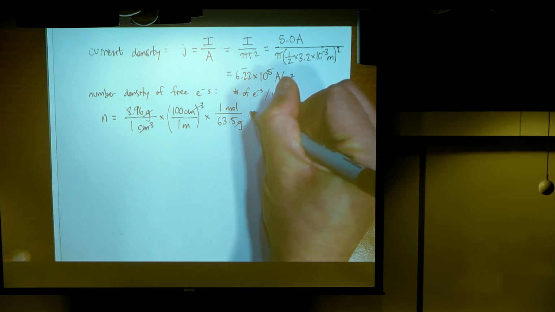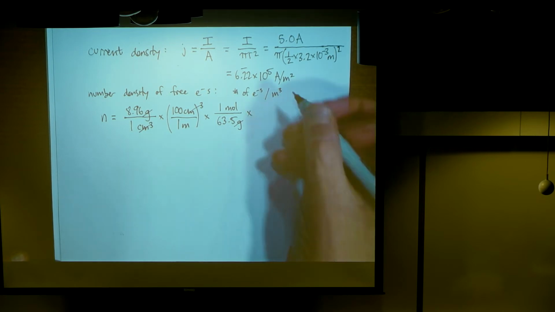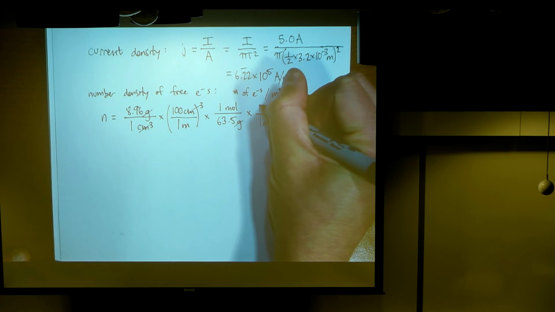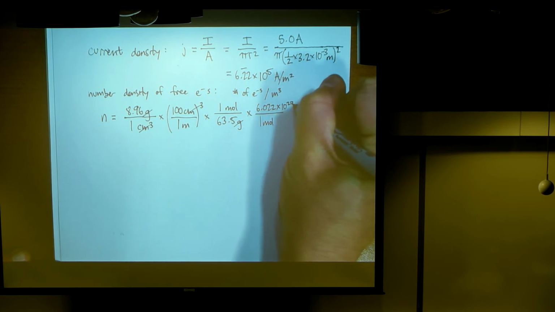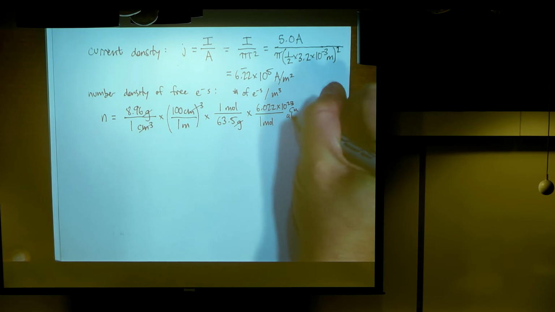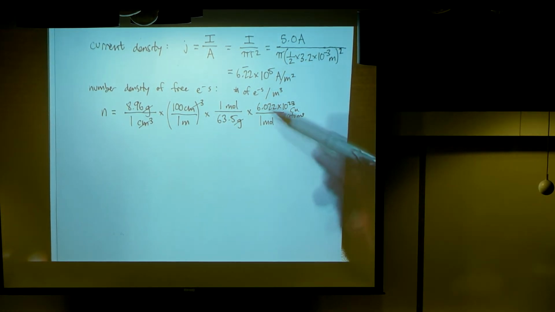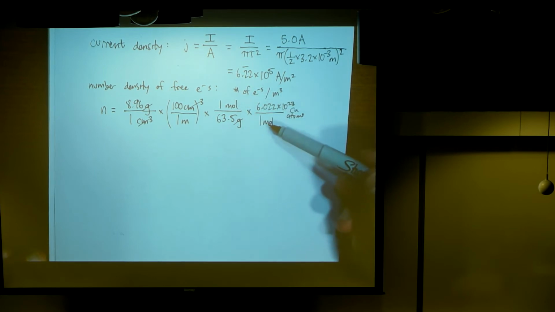All right, so we want to do a little bit more. The next step I'm going to take is 1 mole is the same as 6.022 times 10 to the 23 copper atoms. That's just the definition of a mole. 6.022 times 10 to the 23 atoms constitutes 1 mole.